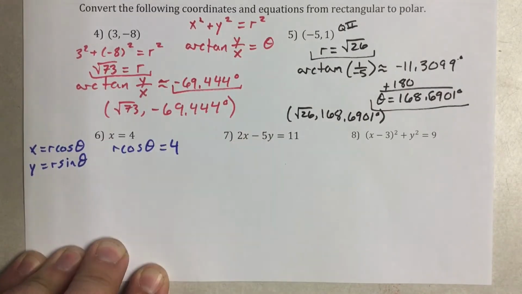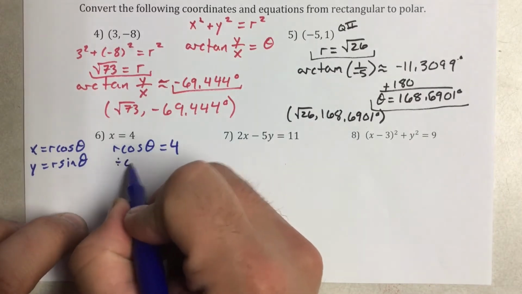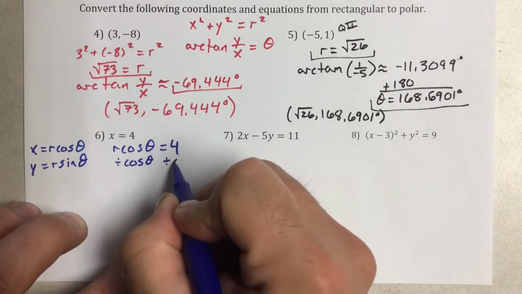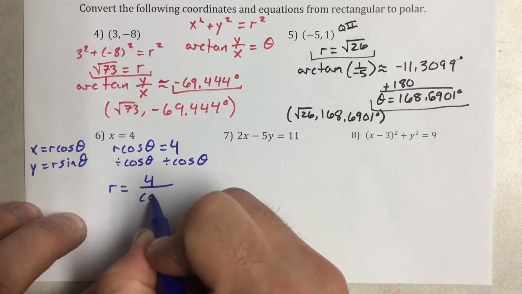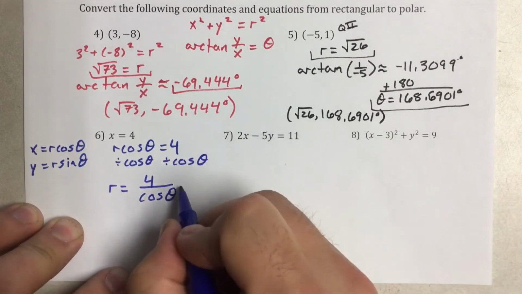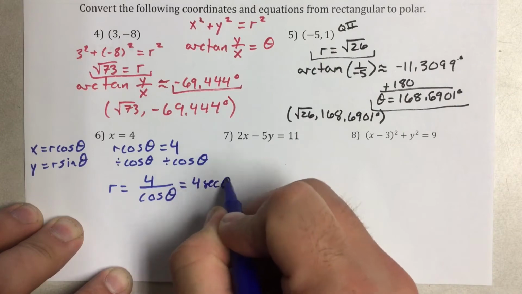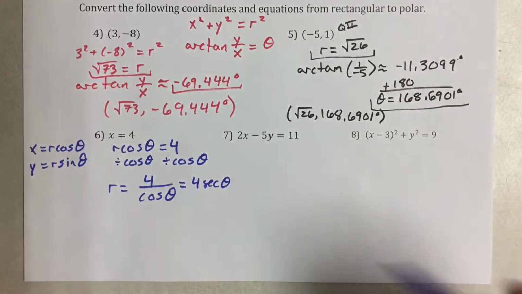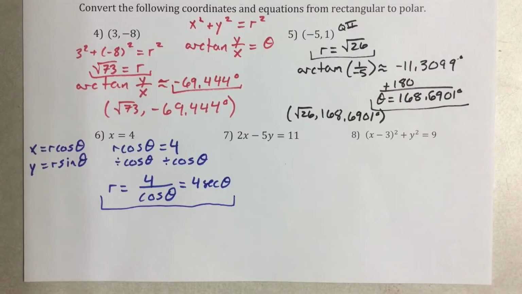Now the goal is to have r equals an expression only in terms of theta. So I want to isolate the r, so we can do that by dividing by cosine. So we have r equals 4 divided by cosine of theta, which is equivalent to 4 secant theta, because 1 over cosine is in fact secant. So either expression would be acceptable.